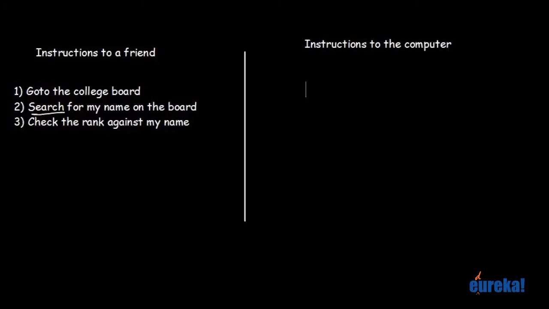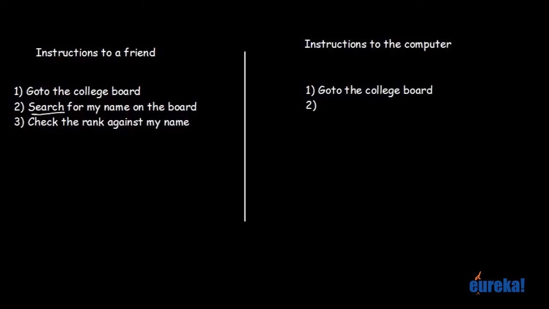Okay, the first step to the computer is similar. Let's say go to the college board. The second step, like you mentioned, search for my name, will not be understood by the computer. So you will have to break this down. How do you break down search for my name?